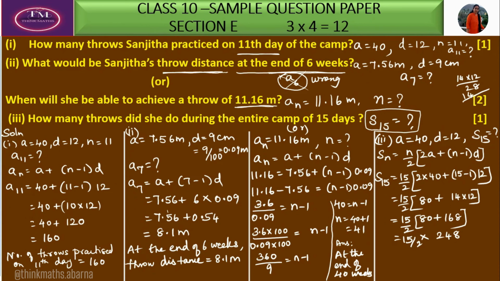If we divide by 2, we get 124. So 15 into 124, I will get 1860. So S15 equal to 1860. How many throws did she do during the entire camp of 15 days? In 15 days, the number of throws equals 1860.